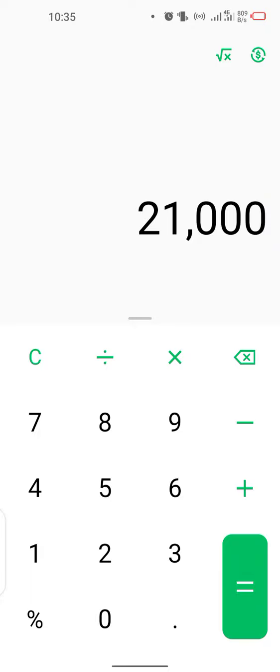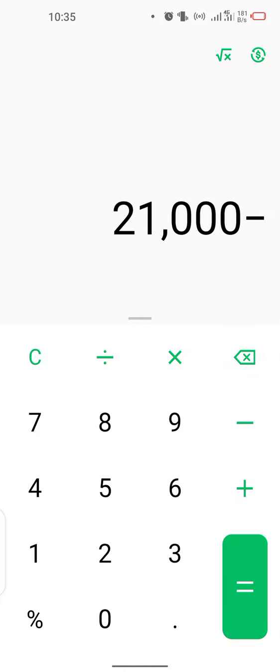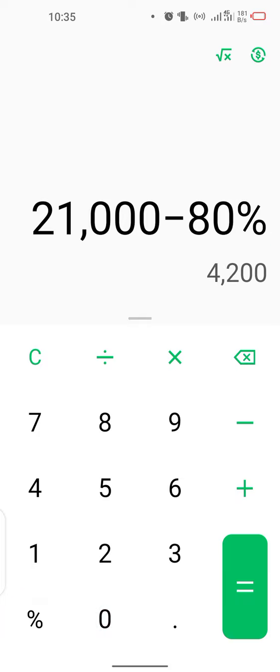Now 21,000 minus, let me say 50%, means you are preparing yourself until Bitcoin goes to $10,000, or you say 80%, at 42,000. Now we look at 80 and 50% depending on the weekly time frame, meaning throughout the week this coin can go up to 80% deep.